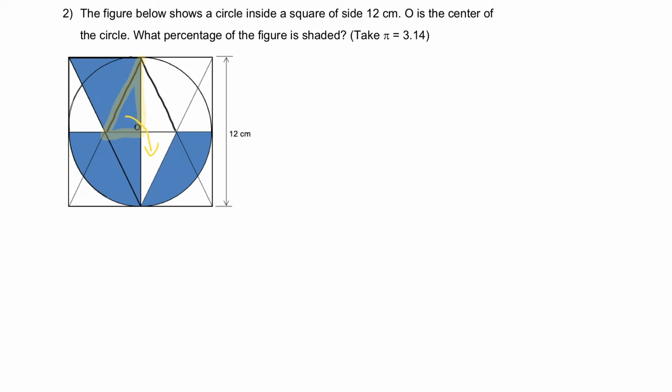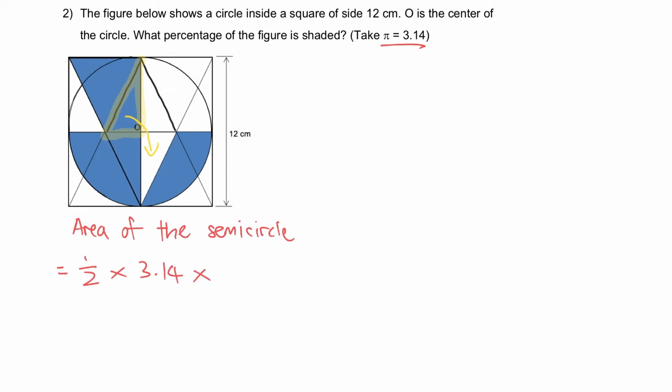So let's start. Step 1, area of the semicircle. There will be half times pi, which is 3.14, times the radius.